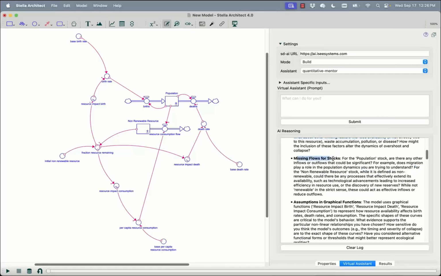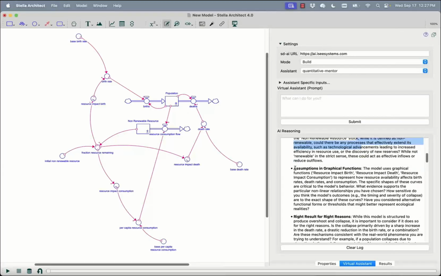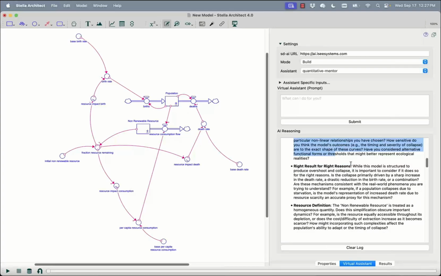For instance, are there any missing flows and stocks for the population? Does migration play a role? For the non-renewable resource, could there be any process that effectively extends its availability, such as technological advancements or things like that? Likewise, it points out assumptions that exist within the graphical functions, critiques the right behavior for the right reason, and it talks about the resource as a homogeneous quantity.